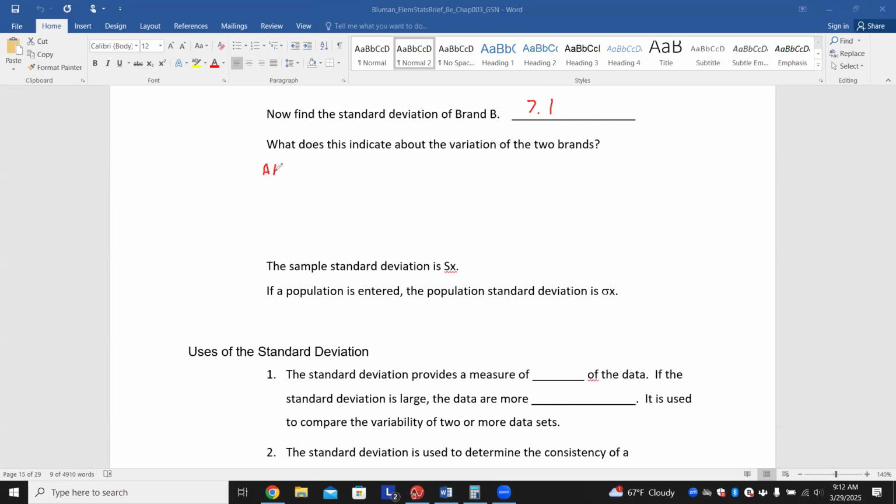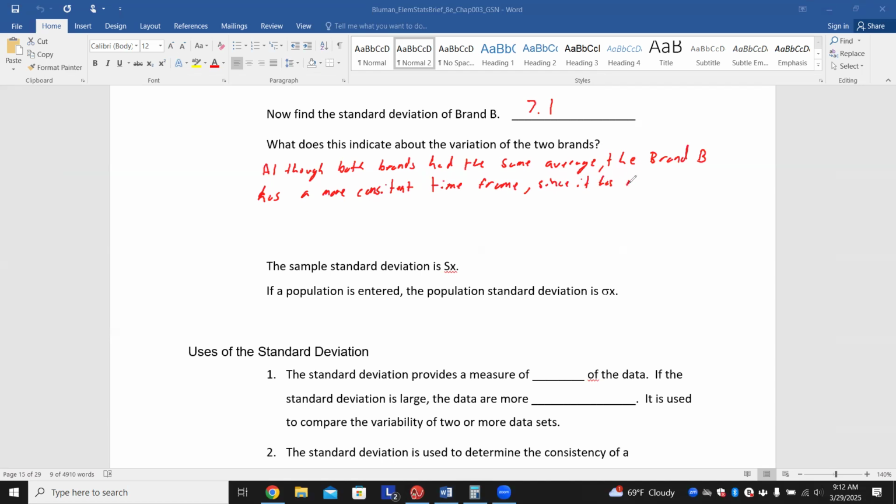Again, we can see that although both brands had the same average, the brand B has a more consistent time frame since it has a lower variation.